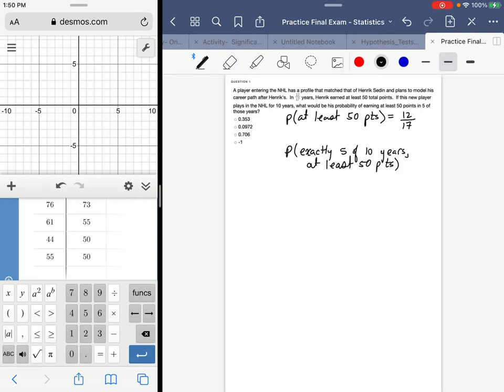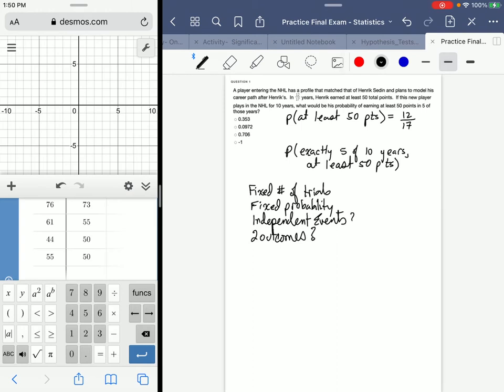If you suspect it's binomial, then you would go through the conditions of the binomial distribution, which are a fixed number of trials, fixed probability, independent events, and 2 outcomes.